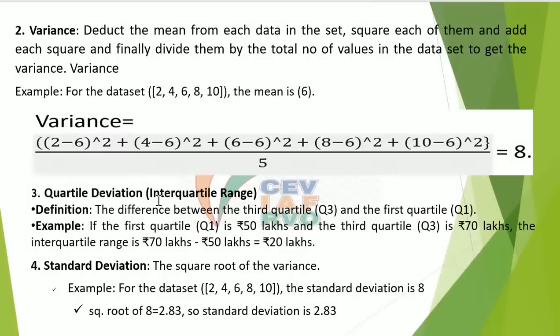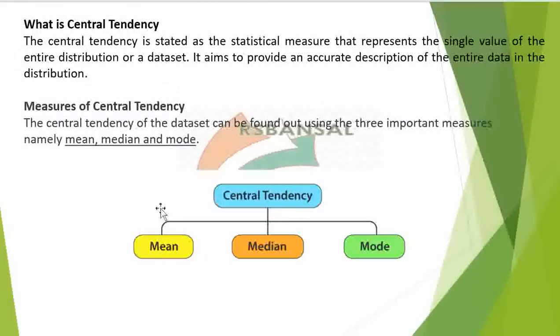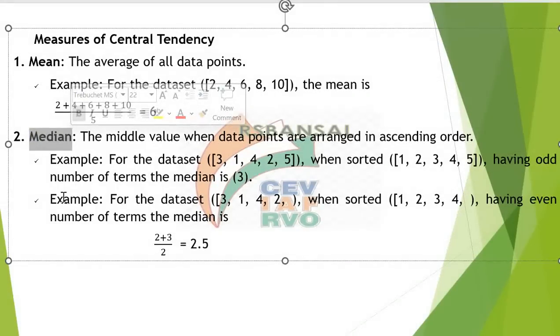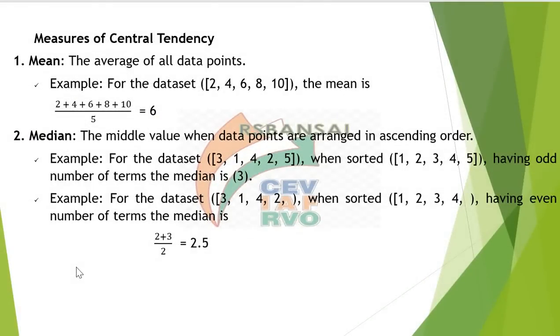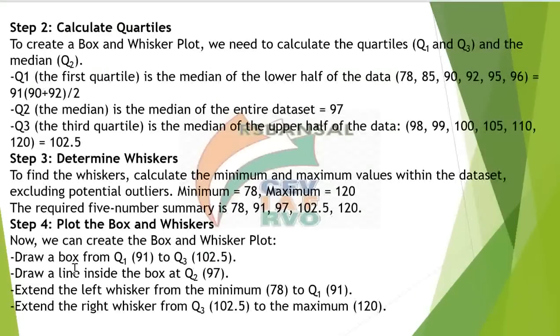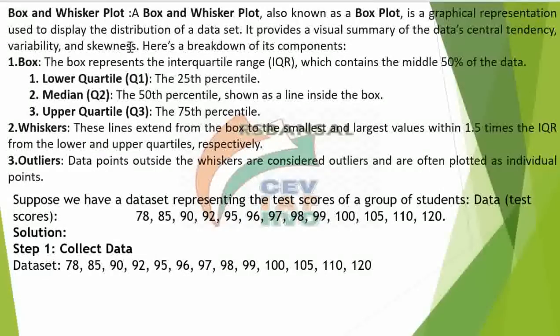So one thing we have left: we have studied the median and we understand what the median is. So we will use this median and learn the box and whisker plot, which we have left. Basically, it is a graphical way of representing data.